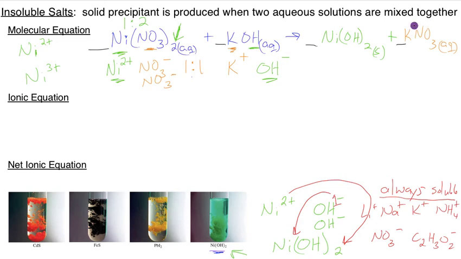So that means I need to put a 2 in front of the potassium nitrate. And then if I look at the potassium, since I've got 2 potassiums here and only 1 potassium there, I also need to put a 2 in front of that one. And then notice it also works out with a hydroxide. 2 hydroxides now on this side, and now 2 hydroxides there, and we're done.